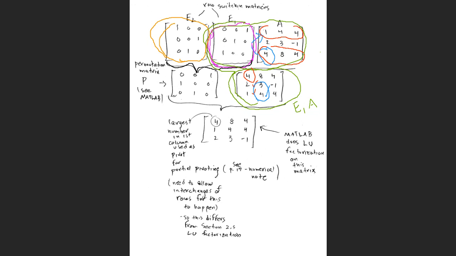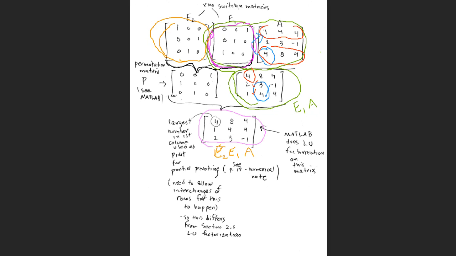So if you take matrix E2 times E1 times the matrix A, you're going to get this matrix here.